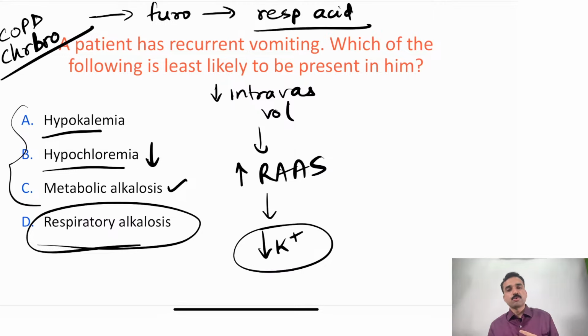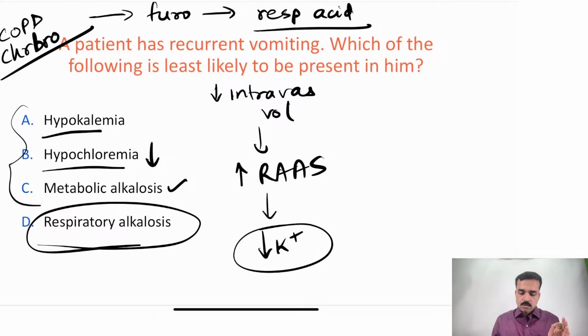A COPD patient may already be in type 2 respiratory failure. Chronic bronchitis is the most common cause of type 2 respiratory failure because of hypoventilation. But if you gave them a diuretic, you triggered metabolic alkalosis, and in compensation they ended up developing respiratory acidosis that worsened their type 2 respiratory failure. You don't want further hypoventilation when the CO2 levels are already high. So these are certain practical concerns.